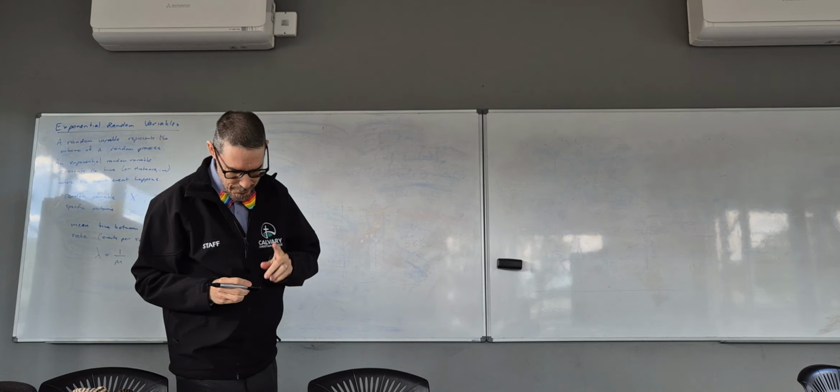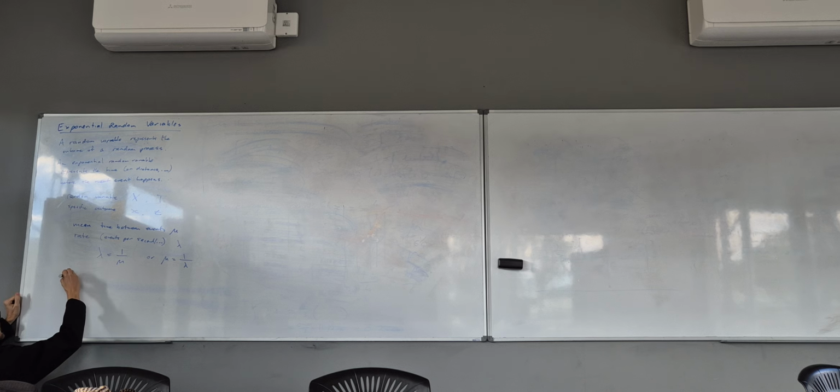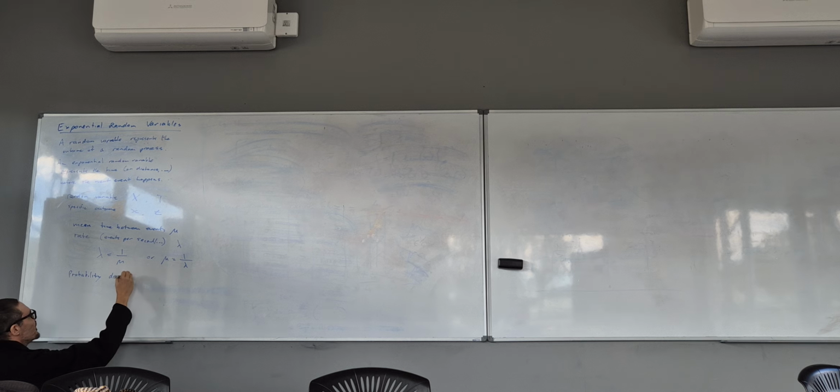Now, for an exponentially distributed random variable, the probability, well, there's two ways people call this. Do you want me to call it distribution function or density function? I'll call it the proper name, density. You can call this probability distribution function, it doesn't matter.